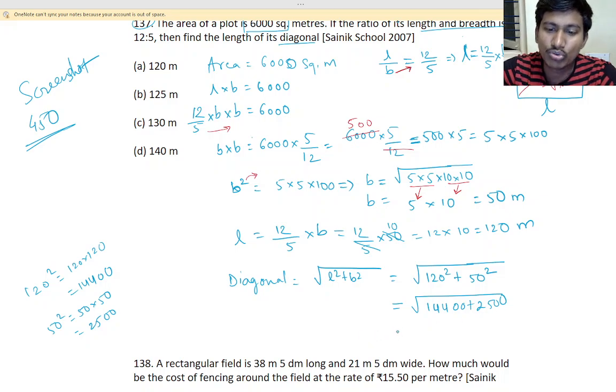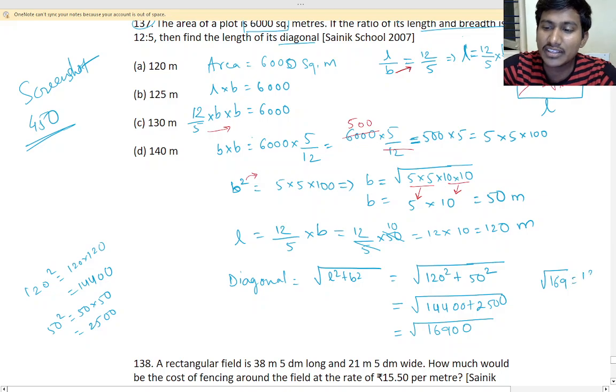Okay? So what will be the answer now? If you add all of these, it will be 16,900. We know square root of 169 is how much? 13.